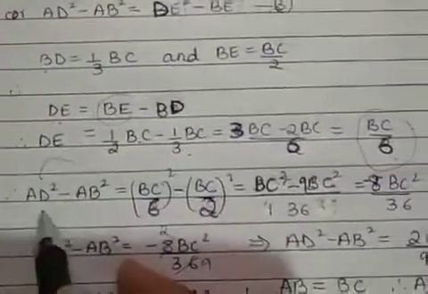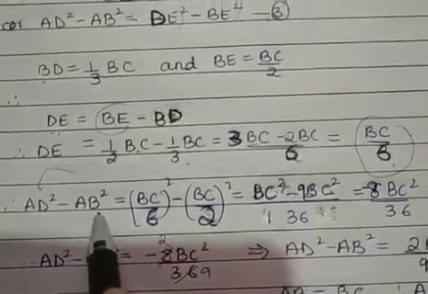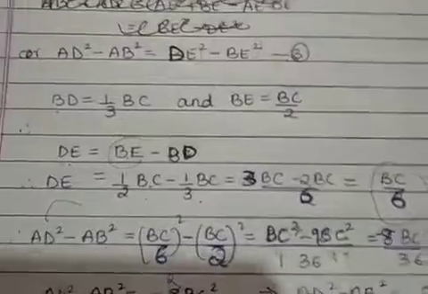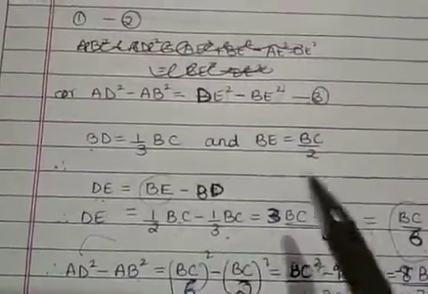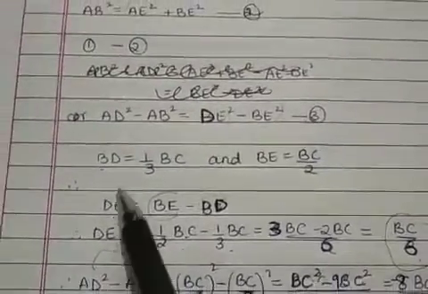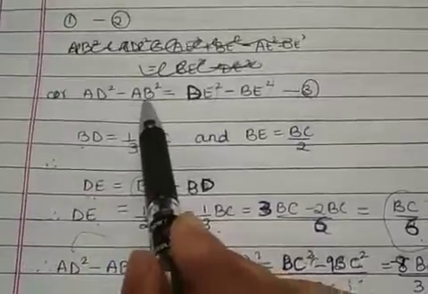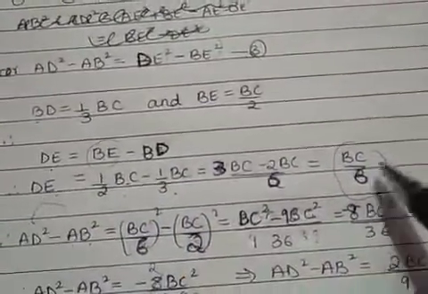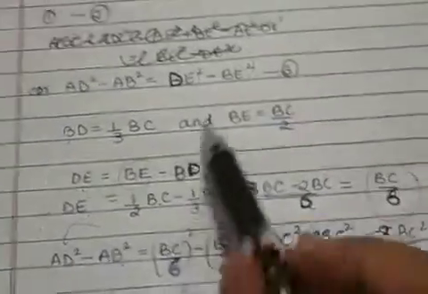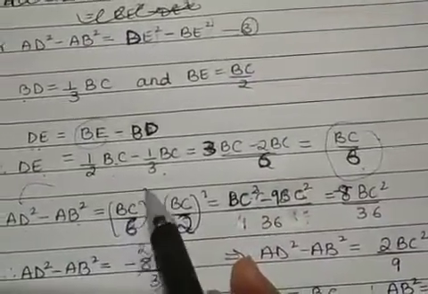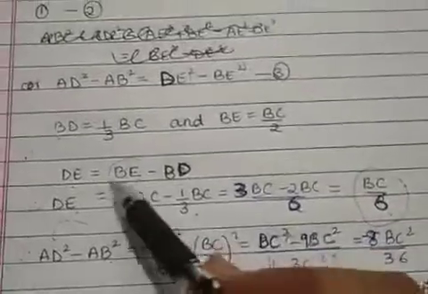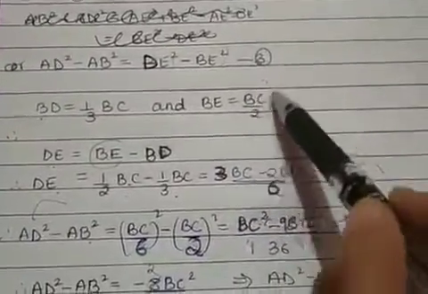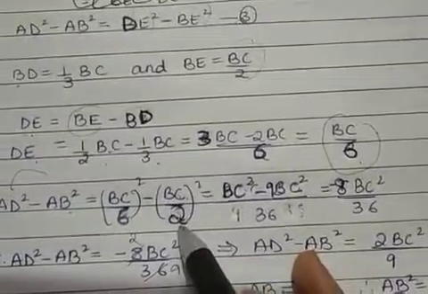So from equation 3, AD square minus AB square is DE square minus BE square. If DE is BC upon 6, then DE square will be BC upon 6 the whole square, minus BE square, where BE is BC upon 2, so BC upon 2 the whole square.